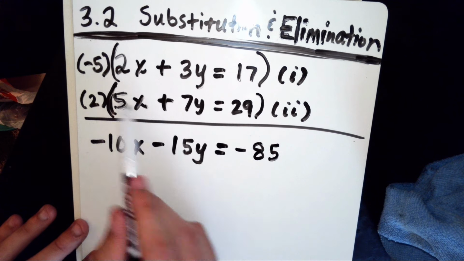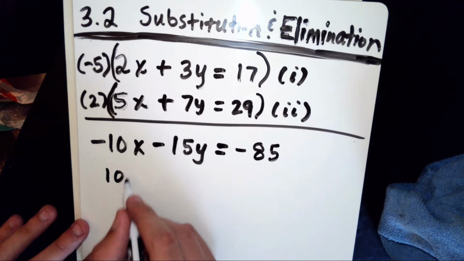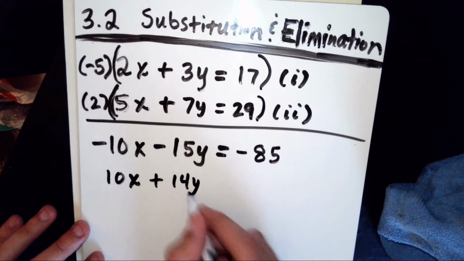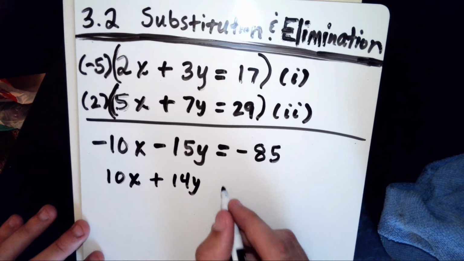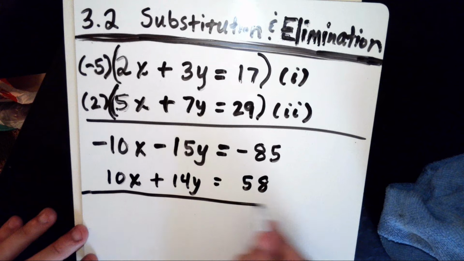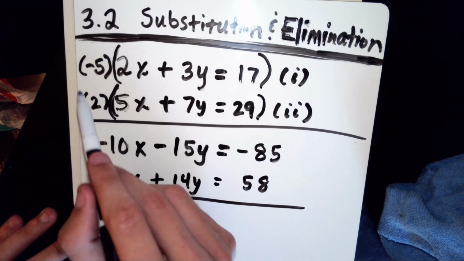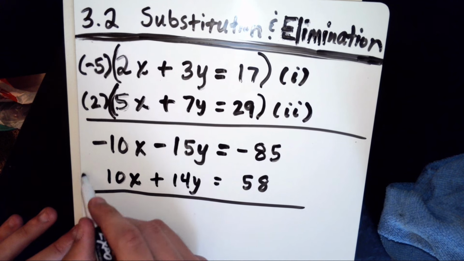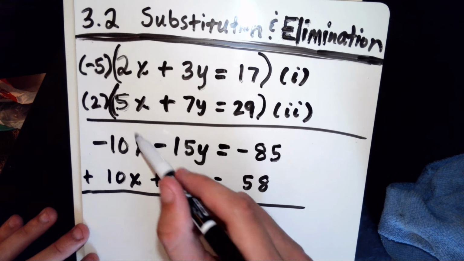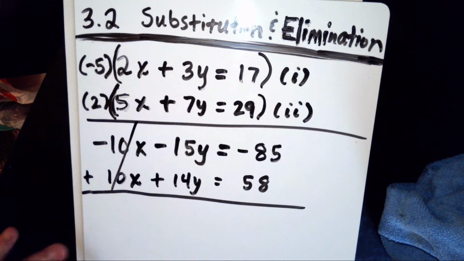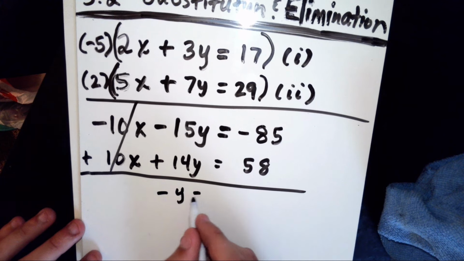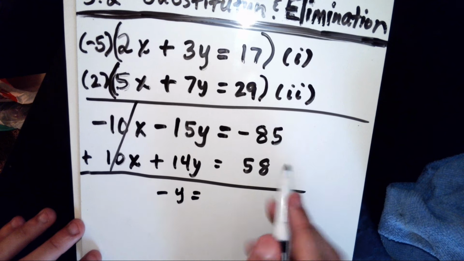On the bottom, we take 2 times 5x, that's 10x. 2 times 7y is positive 14y. And 2 times 29 gives you 58. Now, after multiplying both rows by a constant and then adding them together, we eliminate x, which is what we wanted. And then down here, we're going to get minus y is, and then this turns out to be what?